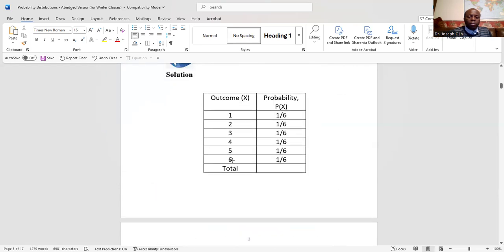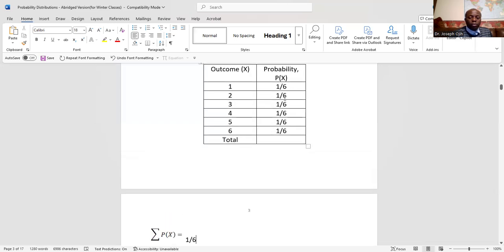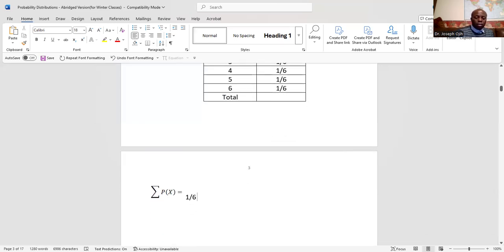If you add all the probabilities, we have 1/6 plus 1/6 plus 1/6 plus 1/6 plus 1/6 plus 1/6.